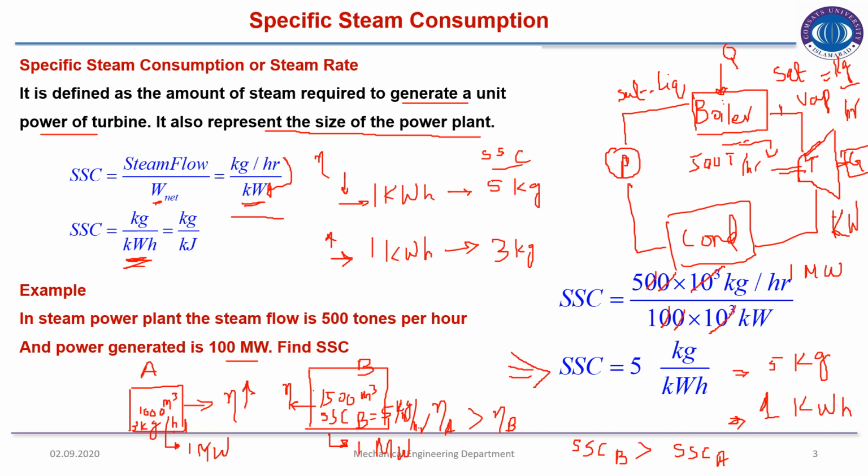So this is a direct relation, or the physical interpretation, of specific steam consumption. If you know the value of specific steam consumption of two power plants and they are different, you will know that the power plant with the greater value of specific steam consumption will have a greater size. So the power plant with a larger specific steam consumption will also have a larger size.